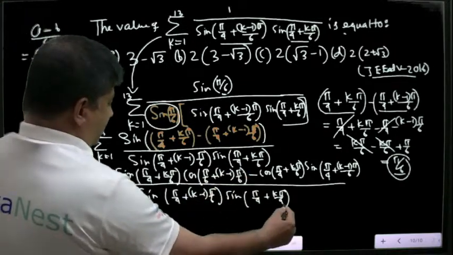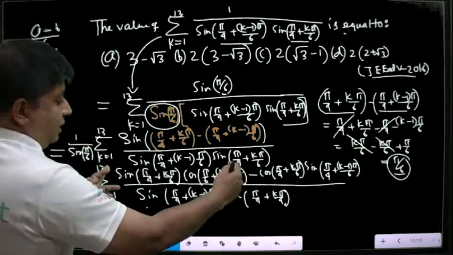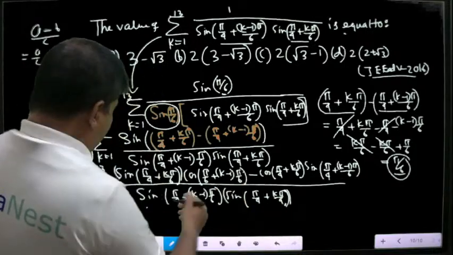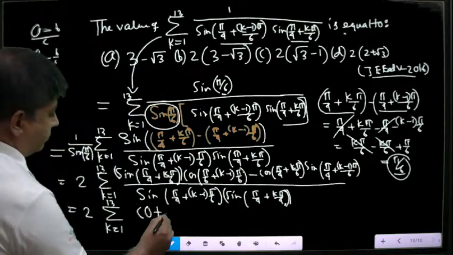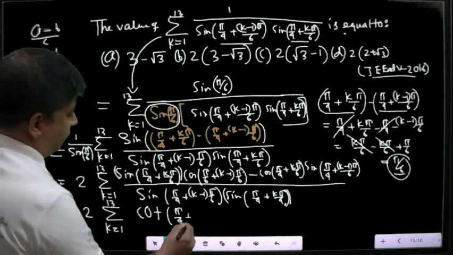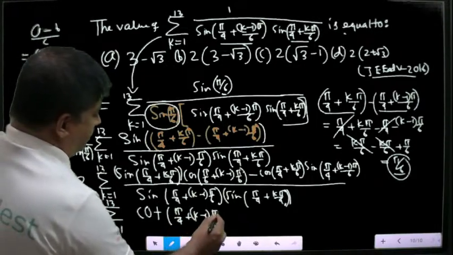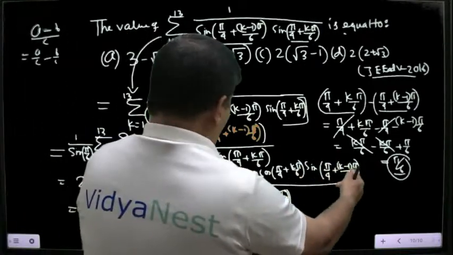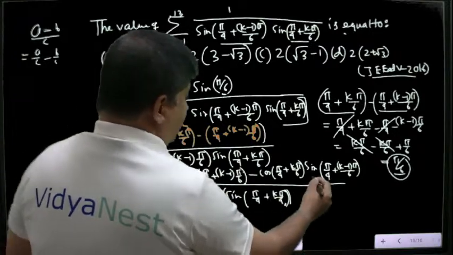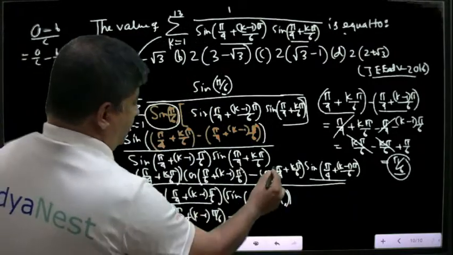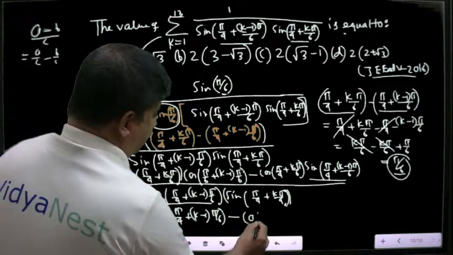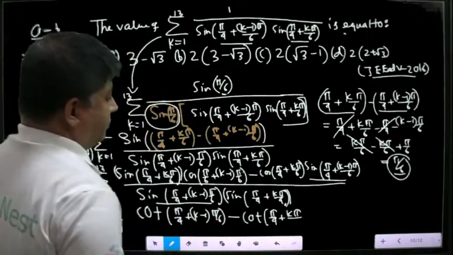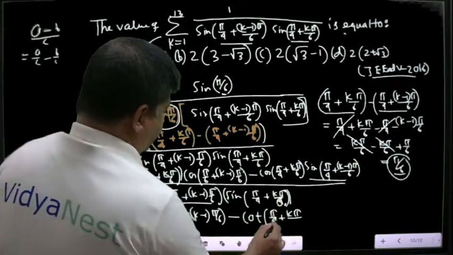This by this, if I do this by this, that part and this part will be cancelled. You will get cot(π/4 plus (k minus 1) into π/6) minus, if you split this by this, see this part and this part will get cancelled, cos by sine, cot(π/4 plus kπ/6).